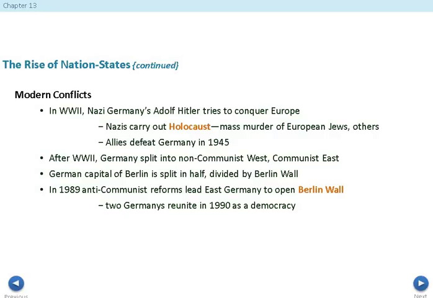This is really the personification of all of the problems that go on between communism and non-communism, because in 1989 the Berlin Wall is taken down and opened up, and then Berlin is going to start to become more democratic and a little bit more united because of that. So again, we see a country that is essentially the focal point for communism versus capitalism, and then of course in 1989 the Berlin Wall starts to come down.